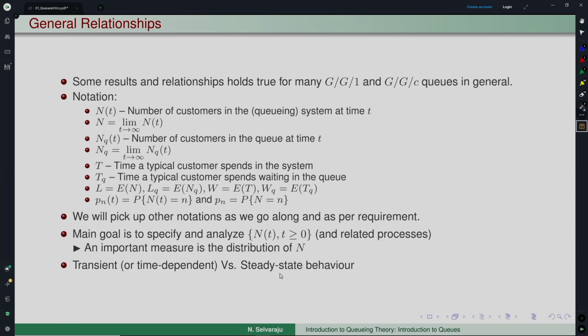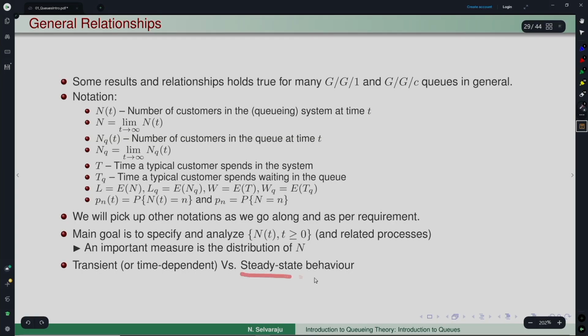And many a time it would be sufficient if you know the steady state behavior, because when the system is in operation for a long time, things would have settled down to some level and steady state would exist, and in such a scenario you would be interested mainly in this.